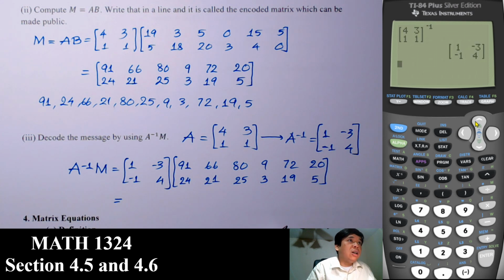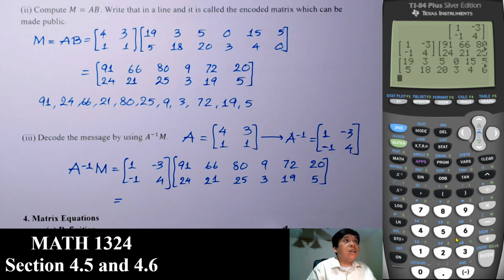I guess we have to just enter it manually. 91, 66, 80, 9, 72, 20, 24, 21, 25, 3, 19, and 5.